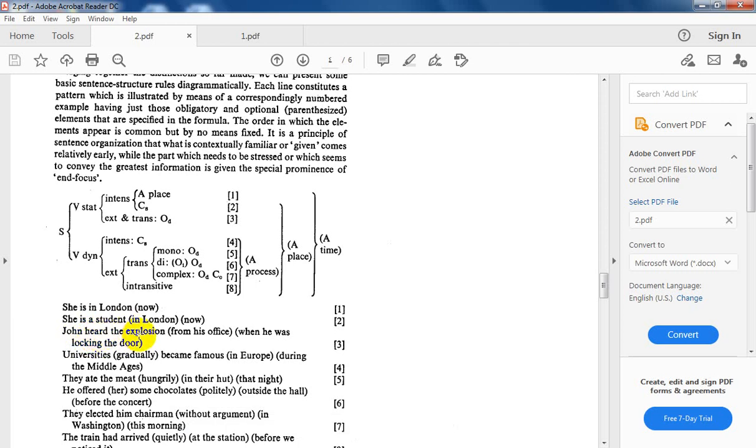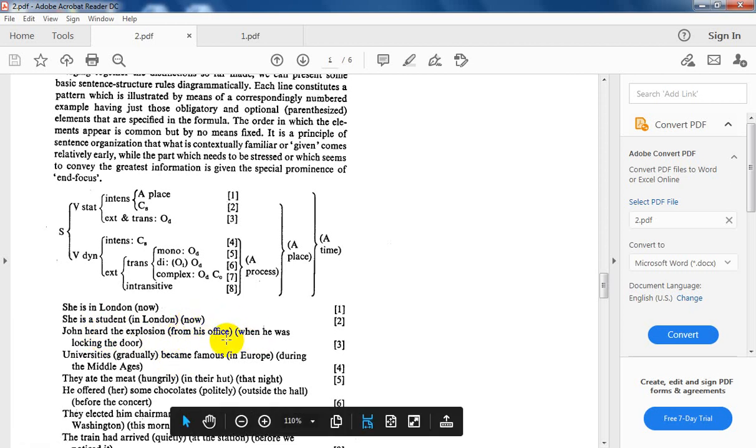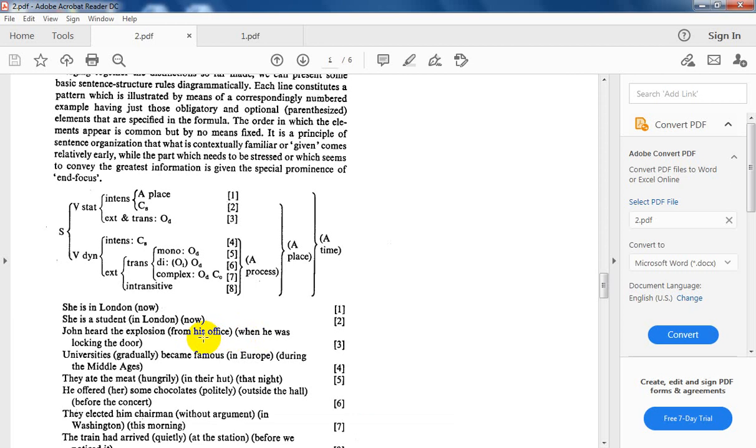And I have the explosion, the direct object, and for this reason it is called a monotransitive verb, because there is one verb and one object. But here what is the difference? The verb is stative, not dynamic, which in most cases should be dynamic. Of course, everything between two brackets is optional and can be omitted.